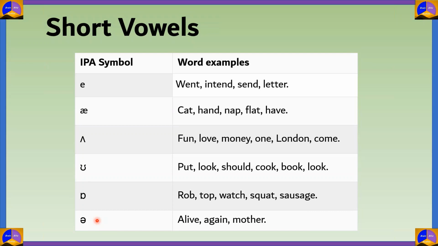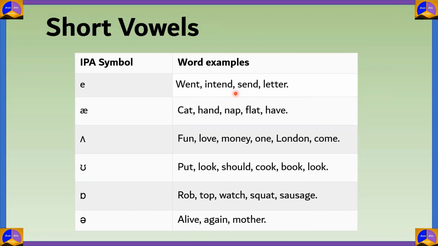Uh. Examples are alive, again, mother. As you can see, there's a slight sound in the middle, and that sound is represented by a schwa, which is this symbol. Alive, again, mother. So these are the short vowels.